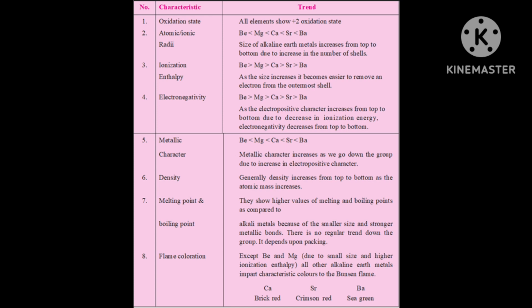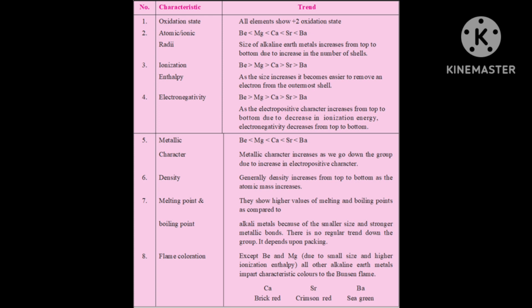Then for magnesium 160, and for calcium 197 increasing, strontium 215 increasing, and barium 222 picometer. Okay, and radium, I already told you, is radioactive, hence measurement is not required.